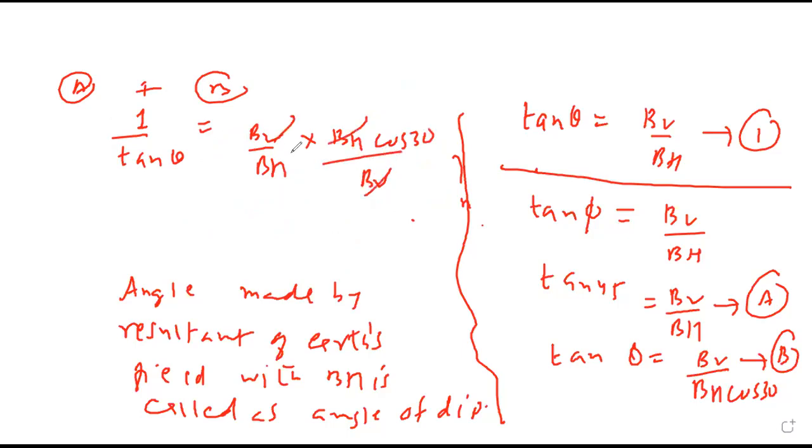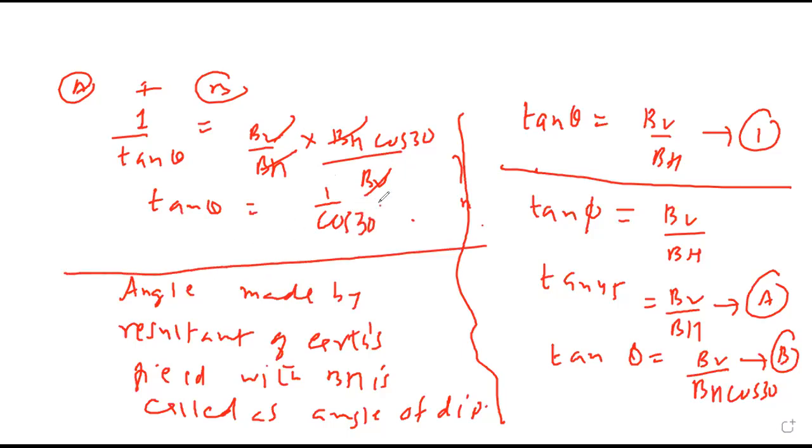This will get cancelled. So tan theta will be 1 upon cos 30, which equals 1 upon root 3/2. So theta will be tan inverse of 2 upon root 3. Tan inverse of 2 upon root 3, option D.